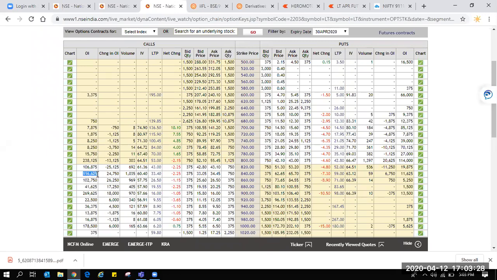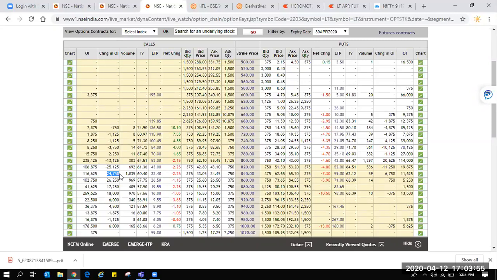So it is the ideal time to buy a put if the stock is opening at your resistance level, because or else you just need to watch the price action, how it is following up. Now what will happen in this? If you see here, this is the change in OI.